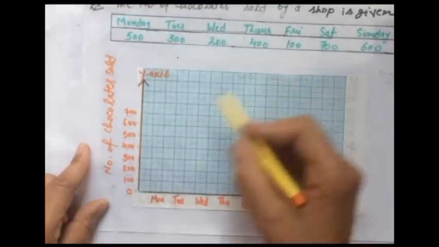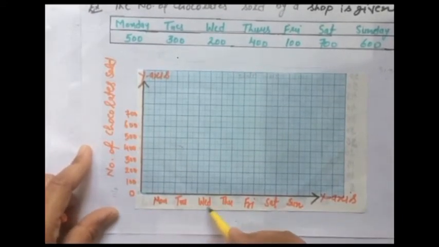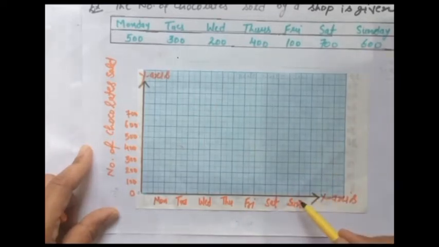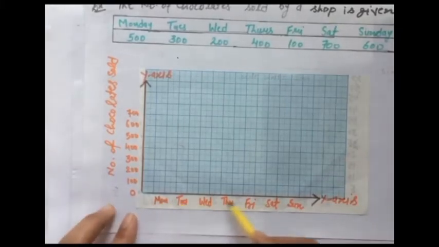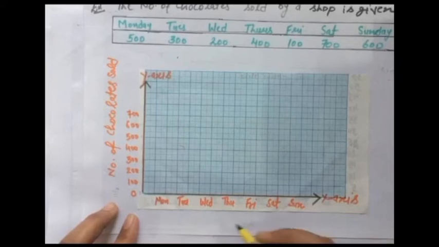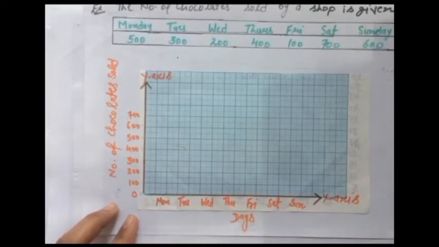We represent this frequency on y-axis, and here we will represent the days: Monday, Tuesday, Wednesday, Thursday, Friday, Saturday and Sunday. And we have to represent these days also at equal gap. These are days. So write here days.